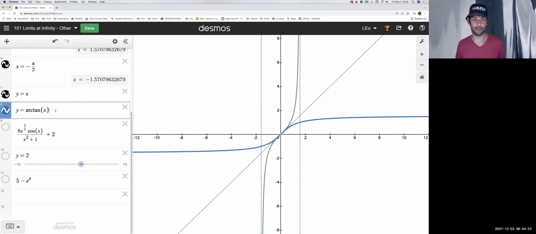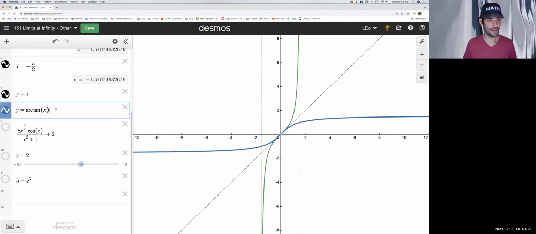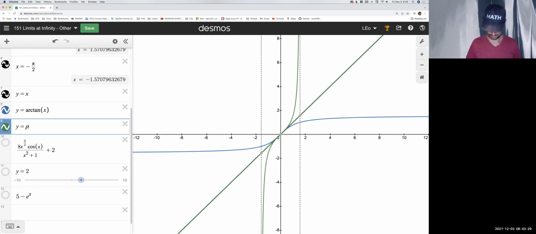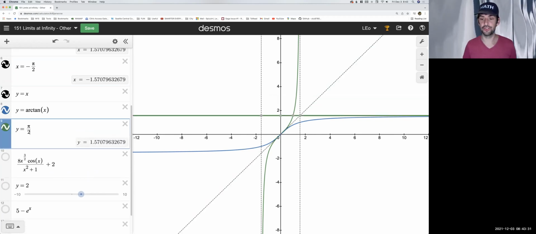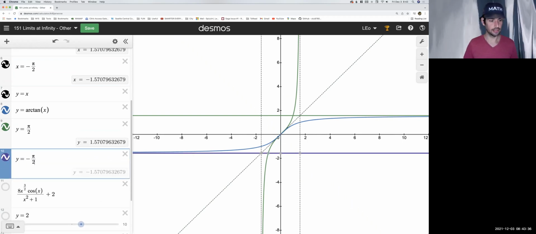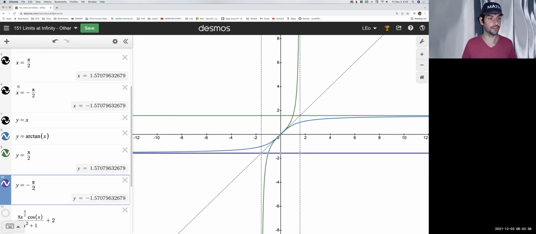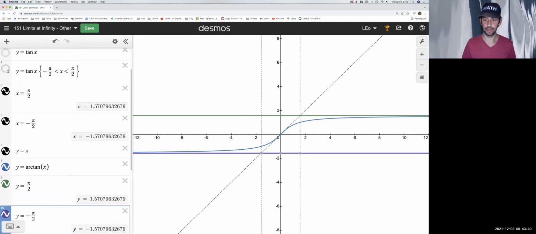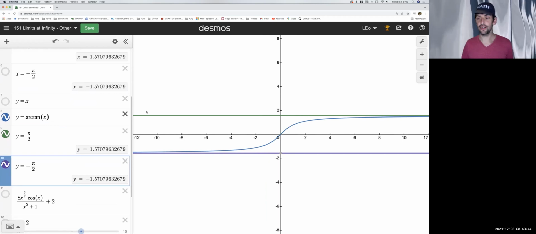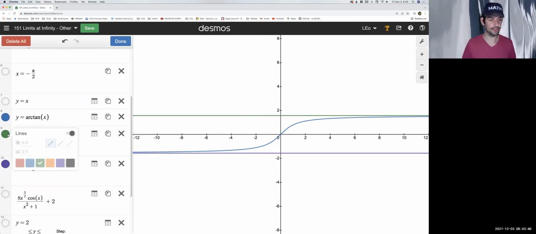It's that green line reflected over the line y equals x. And now we have asymptotes that are horizontal. All right, let's turn a few things off. This is getting ugly. So we'll get rid of the tangent and its asymptotes in this line. Here's the arctangent now with its own asymptotes.